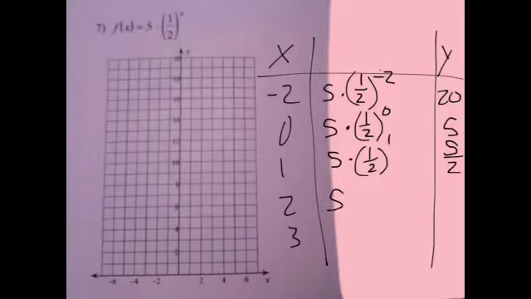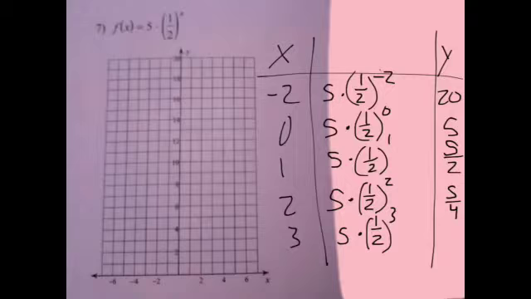And now you just got to put 2 in for the x, so 1/2 to the second power is 1/2 times 1/2, so that's 1/4. Times it by the 5 is going to give you 5/4. And then you're going to have 5 times 1/2 to the third power. 1/2 to the third power is 1/8. Times it by 5, you'll get 5/8. So there we go.